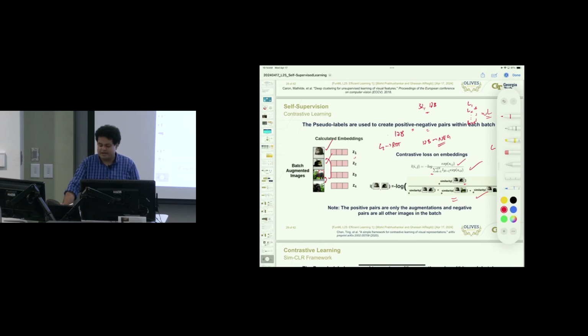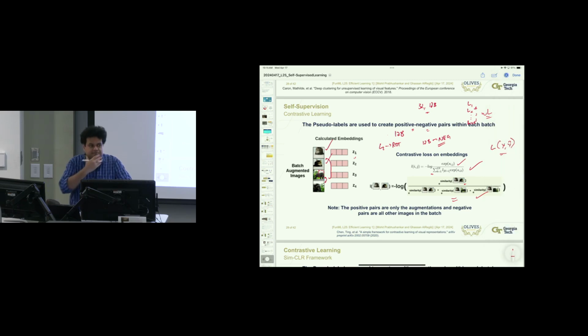So the idea of the pretext task exists within the loss function, or within the batches, right now. It's more of an engineering approach rather than constructing a pretext task separately. Any question on contrastive loss, on contrastive learning?